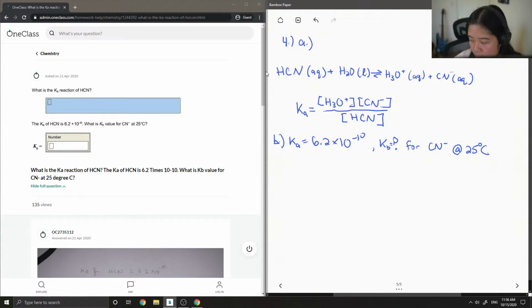Okay, so here we can use the relationship with Kw, which is 1 times 10 to the negative 14. This is a constant that's given at 25 degrees Celsius.